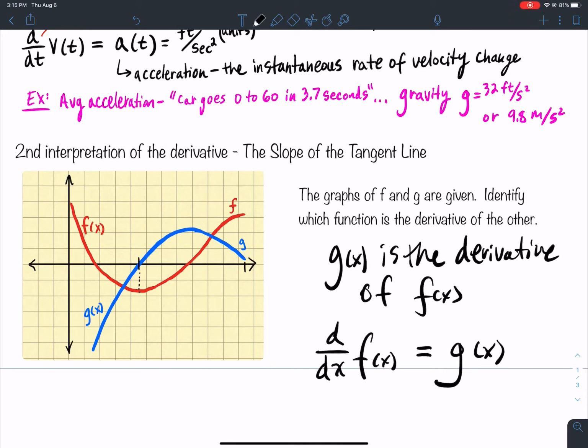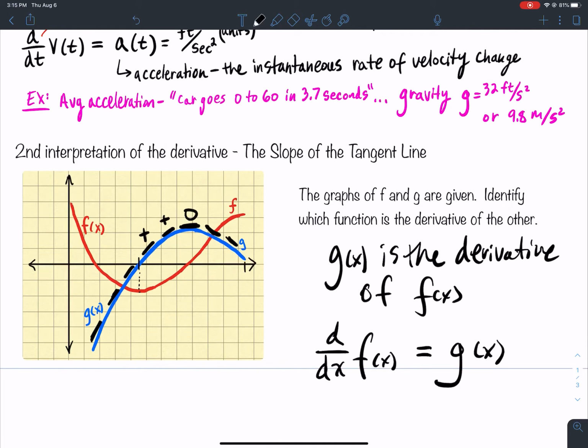So say we thought g was the function and then this was g prime, right? So what do we know? Well, the slopes here are positive, okay, until we get to right here, and then the slopes are 0, and then over here the slopes are negative.